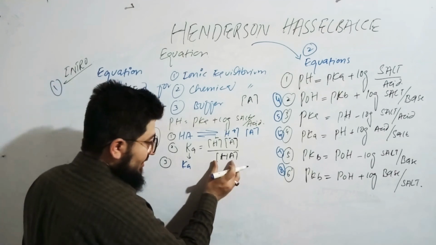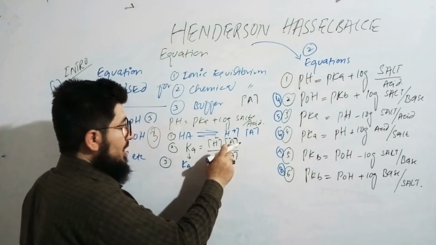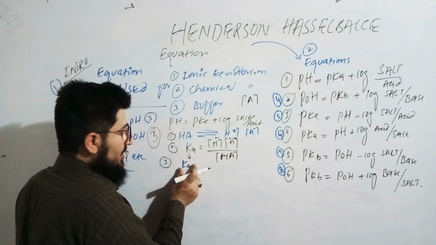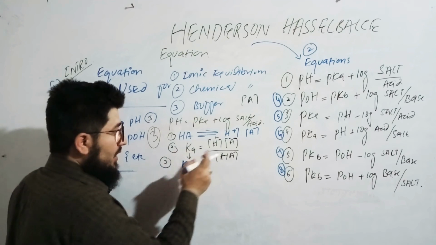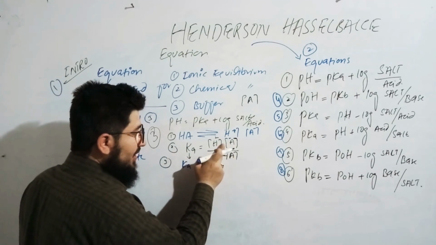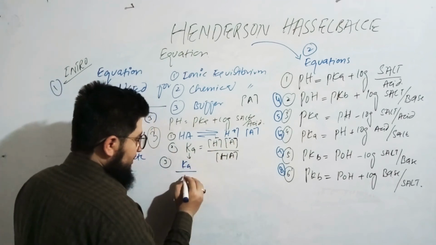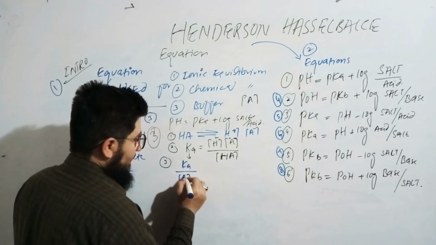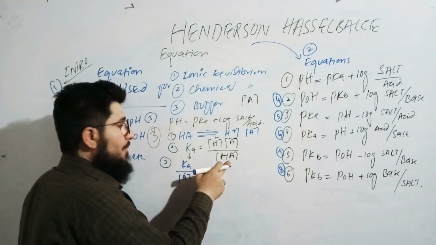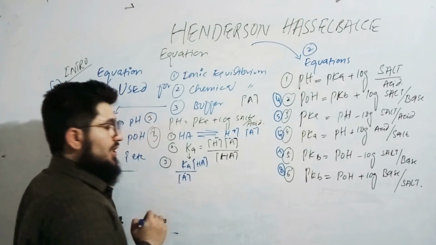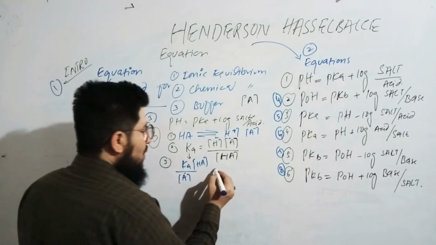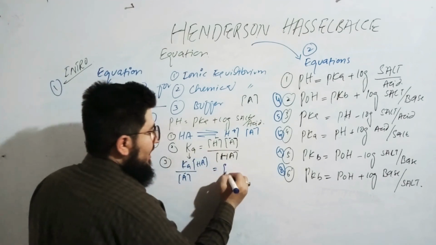Now A negative, which is in multiplication, will come into division. So here we write A negative, and here we have HA, which is in the division. We will just write it here like this, HA in the multiplication. Got? Very simple. Now what remains is just H plus.